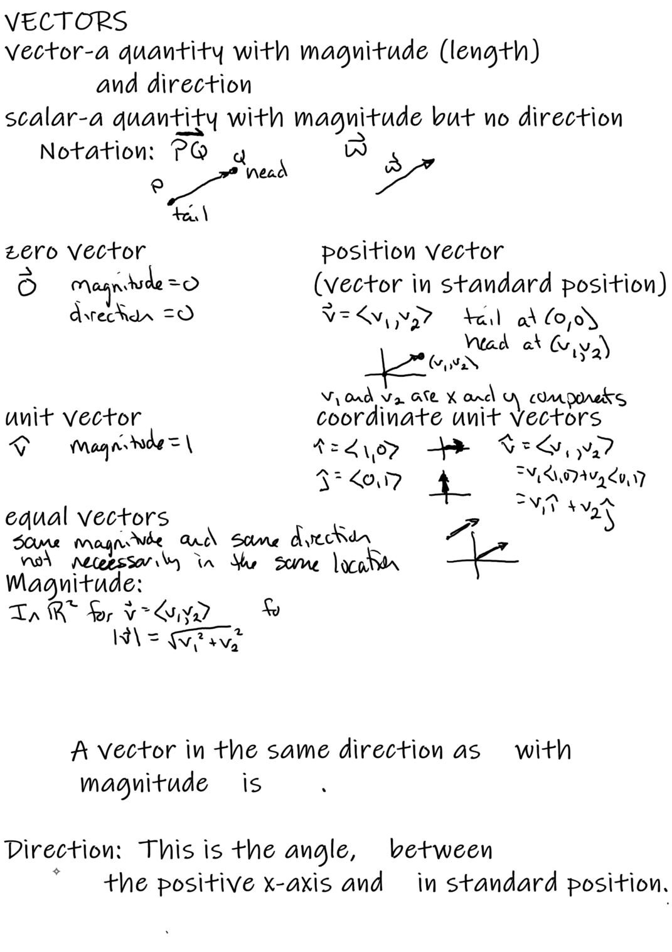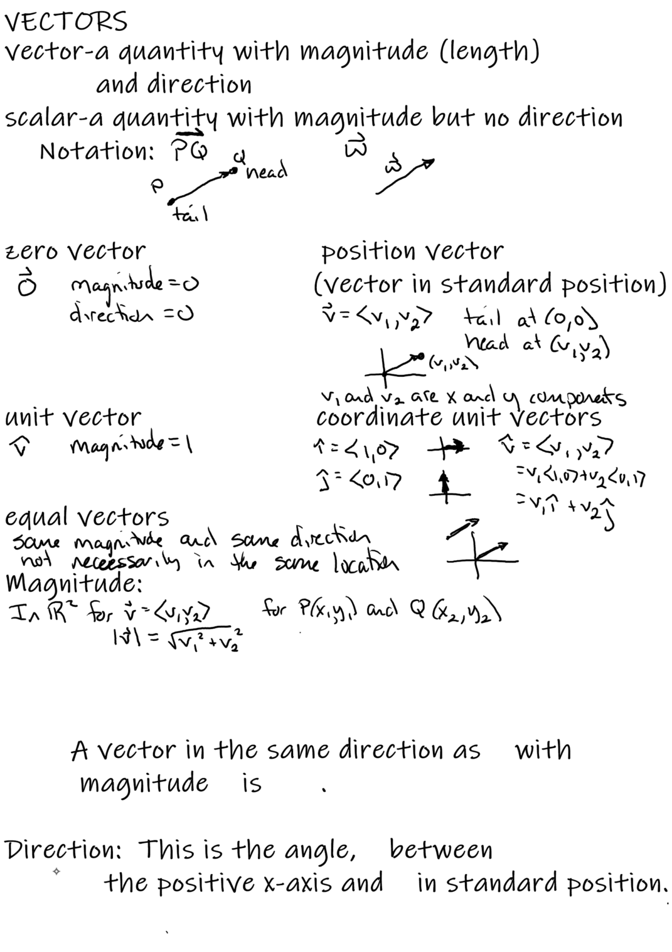So if we have a point in R2 space, let's call this P with coordinates x1, y1, and let's take another point, we'll call it Q, with coordinates x2, y2.